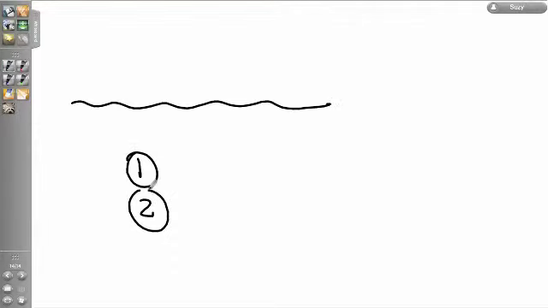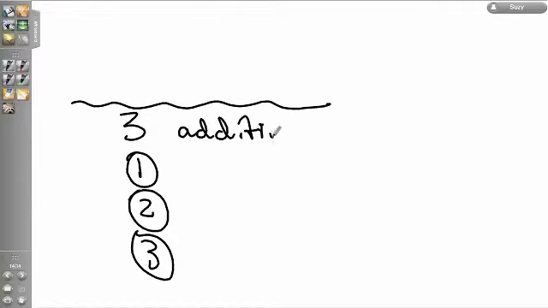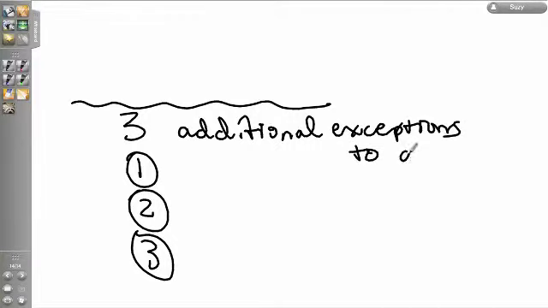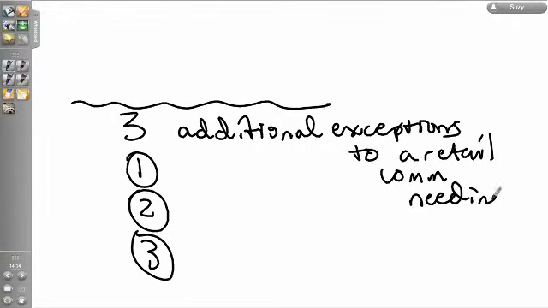We're going to do three additional exceptions to a retail communication needing principal pre-approval.